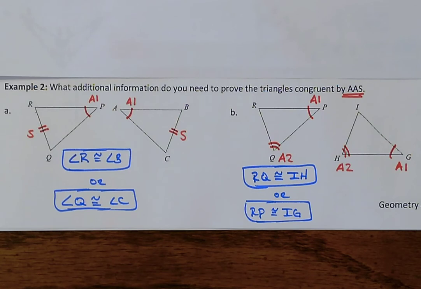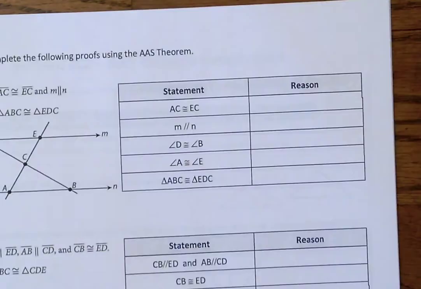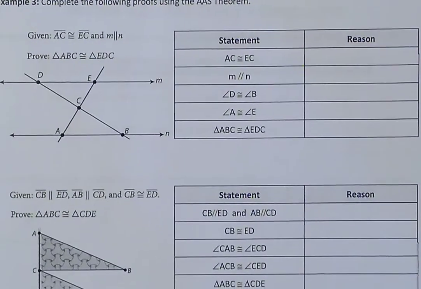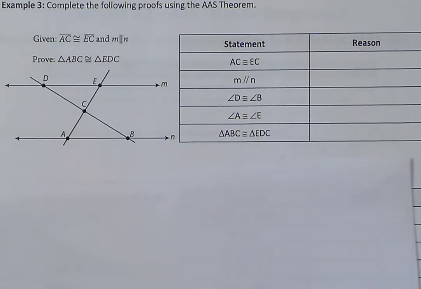All right, so that is it for example 2. Now, on the back side, for example 3, we have a litany of proofs, or just two, really, that they want us to complete. So we're back into the 2-column proof game, and I just really want to walk us through it.